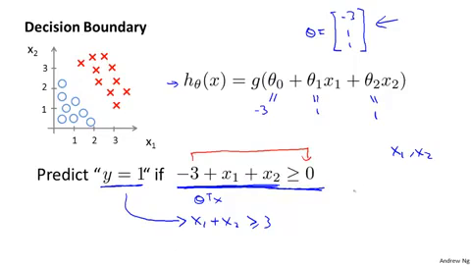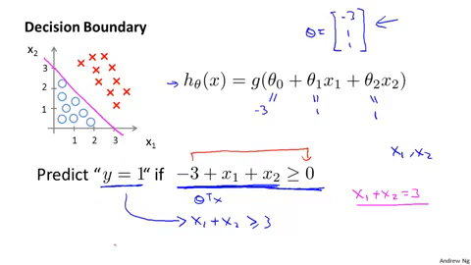If I write down the equation x1 plus x2 equals 3, this defines the equation of a straight line. And if I draw what that straight line looks like, it gives me the following line, which passes through 3 and 3 on the x1 and the x2 axes.